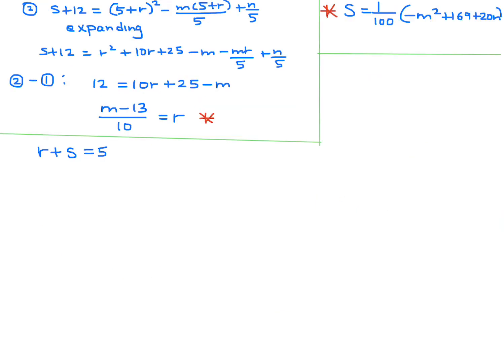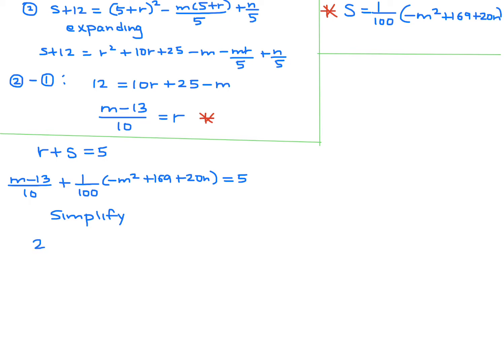R plus S is equal to 5. So let's put R, which is (M minus 13) over 10 there. S is over here. Let's put that over for the value for S. So it'll be 1 over 100 times (minus M squared plus 169 plus 20N) is equal to 5. Okay, so now we have to simplify this.